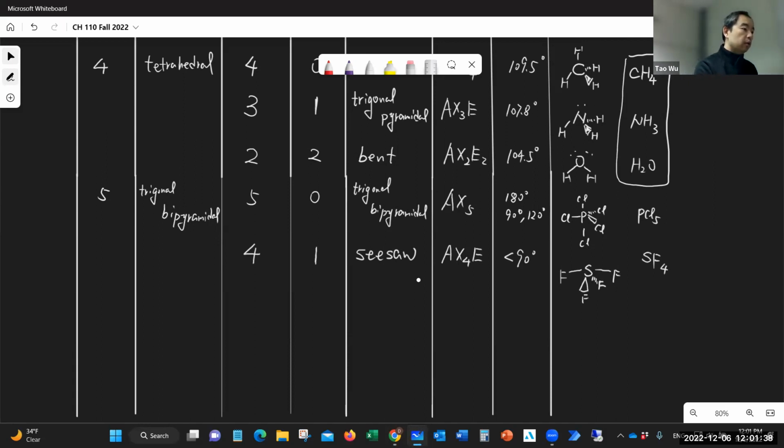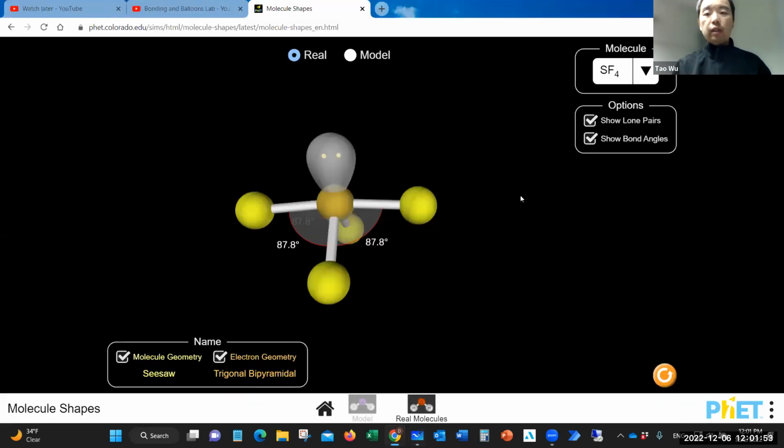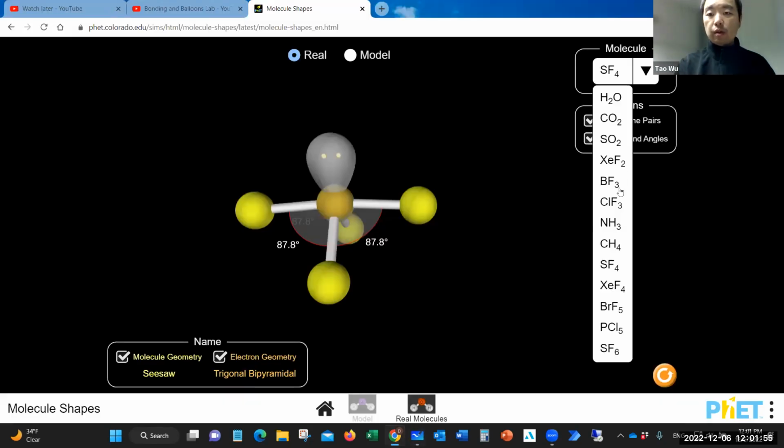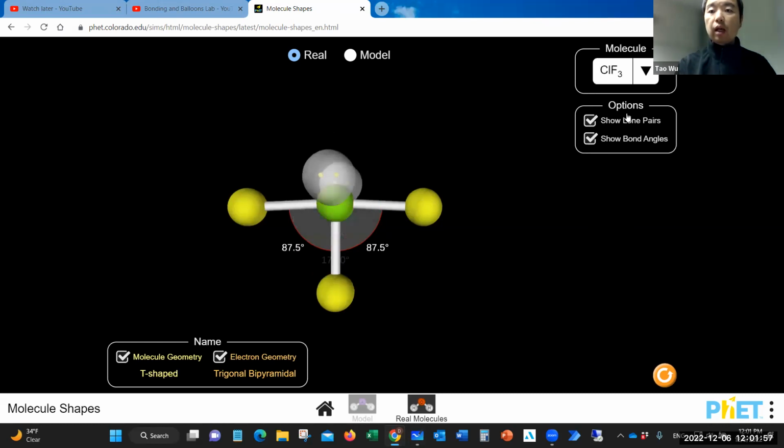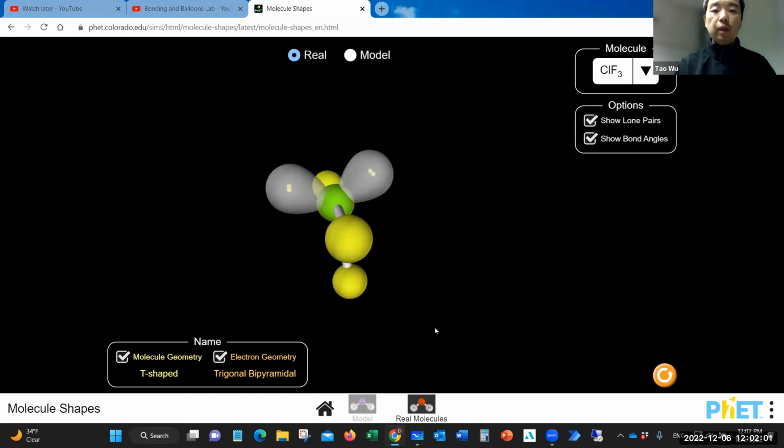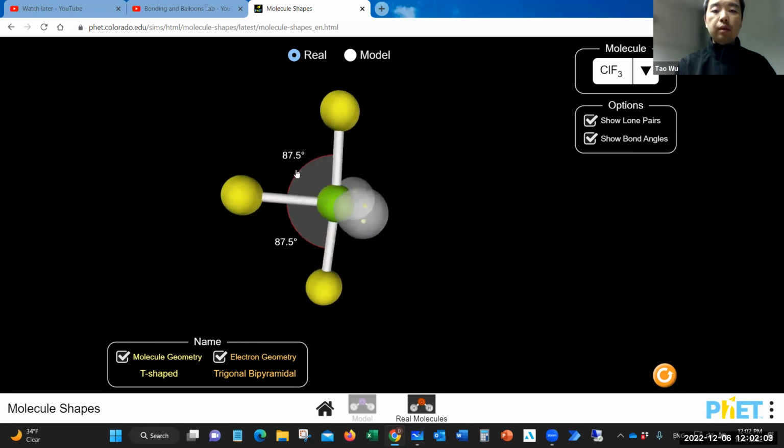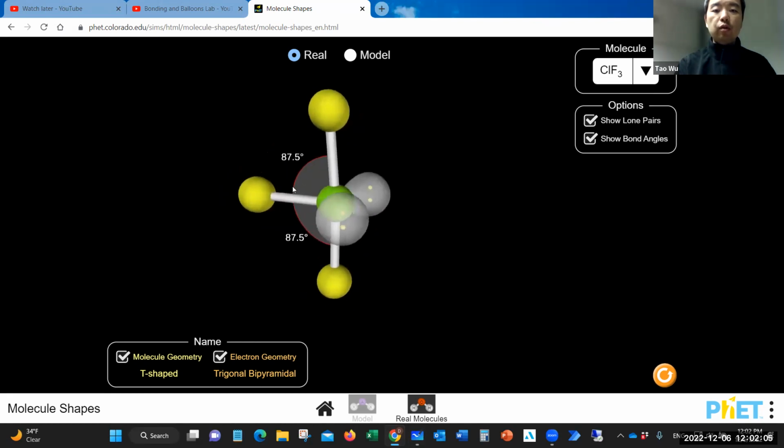And we can also have 3 bonding domains and 2 lone pairs, okay? Which means we're going to be missing another bond. One example of this structure is something like ClF3, okay? This guy still has 3 bonds, and if you raise it up, it should look like this.